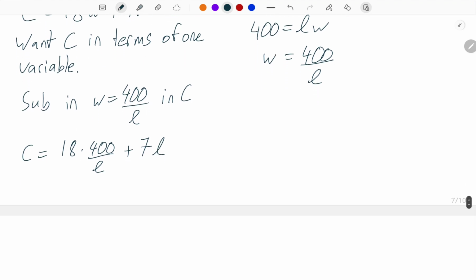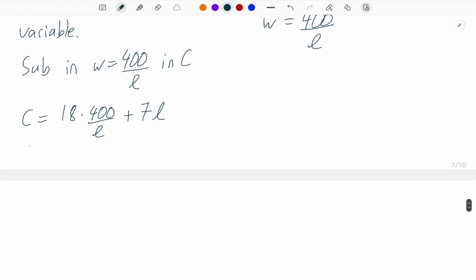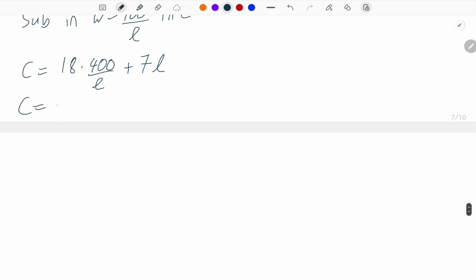Here we have an equation for cost in terms of a single variable. So we can neaten up the way this equation looks. Well, 18 times 400 is just 7,200, and that's over L, plus 7L. And then what do we want to do? Well, we want to minimize this cost. So this cost function is what we've built up.